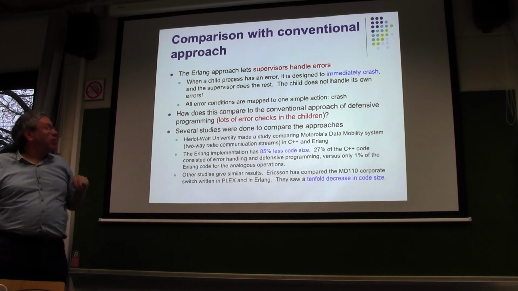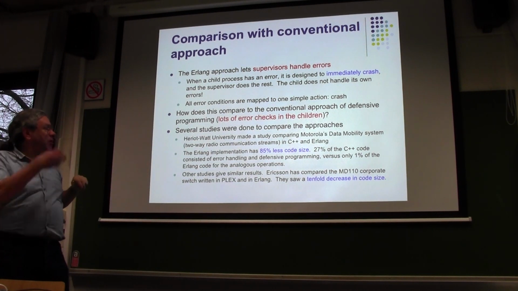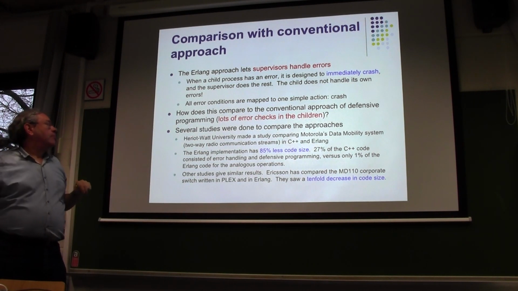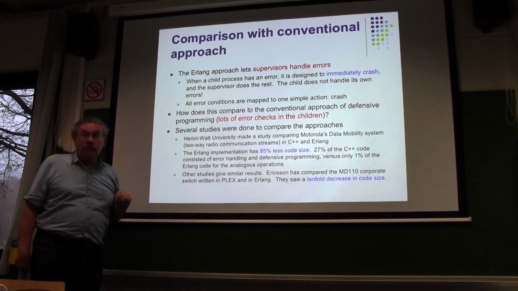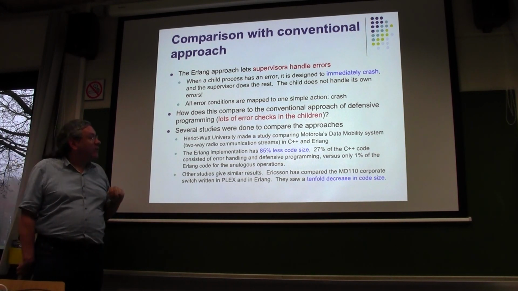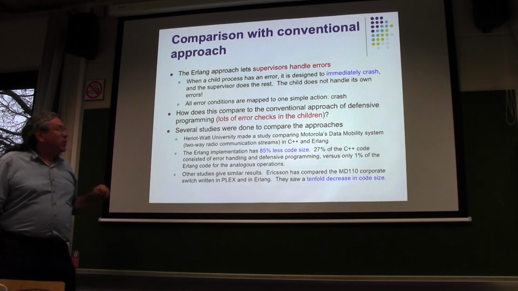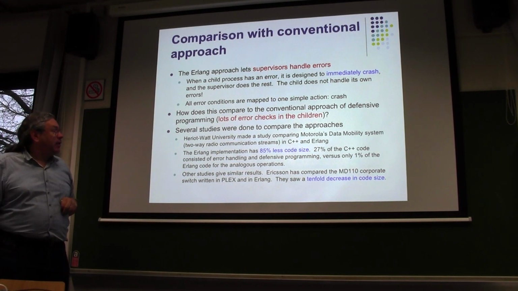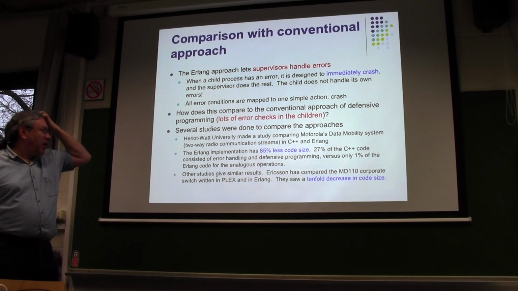This is an example done at Motorola, two-way radio communication. If you look at the Erlang implementation, it has 85% less code, which means it's about 1/6 of the size. 27% of the C++ code was defensive, was error handling, whereas only 1% of the Erlang code was.